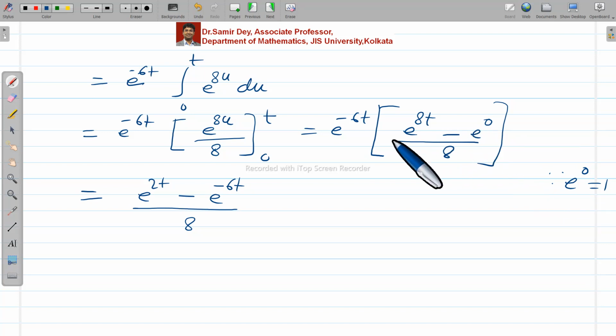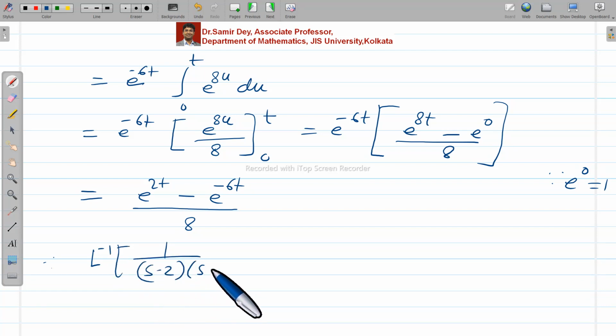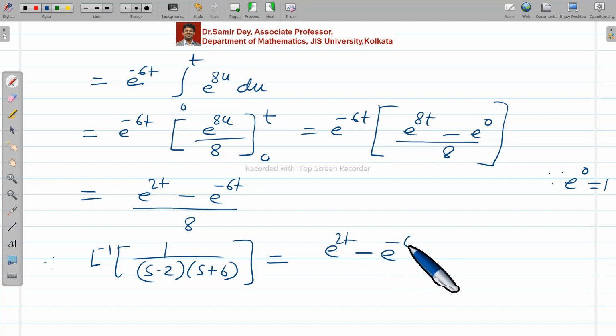So ultimately it is coming L inverse of 1 by (s minus 2)(s plus 6) is equal to (e to the power 2t minus e to the power minus 6t) by 8. Please check.